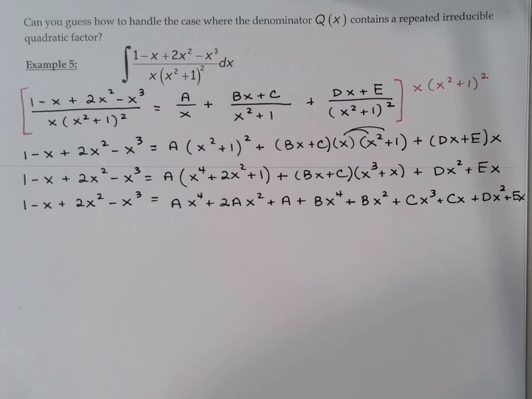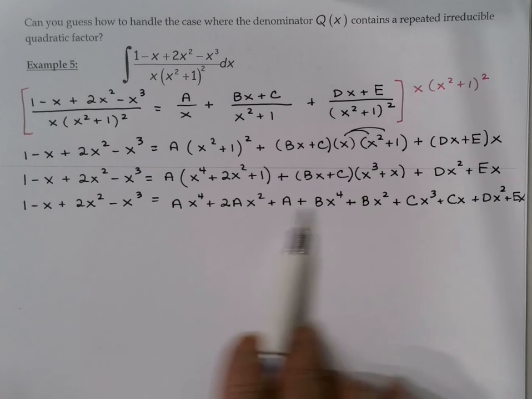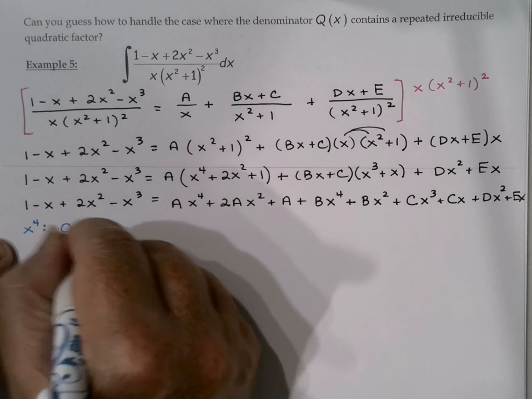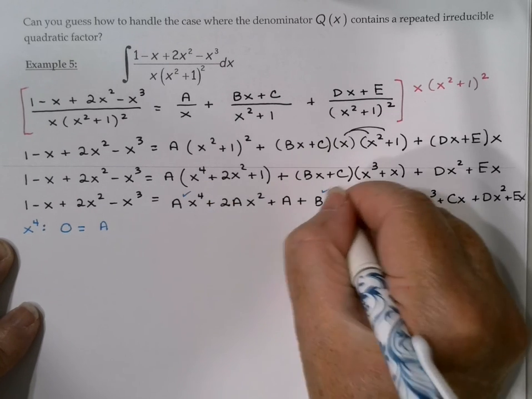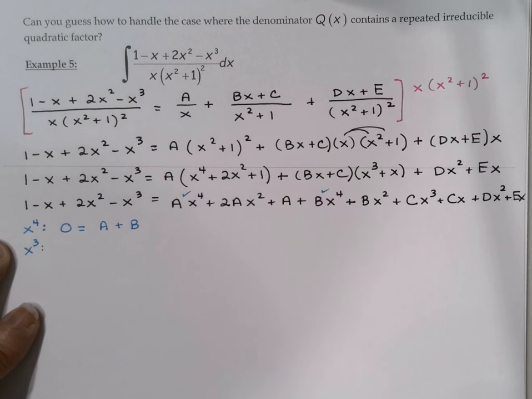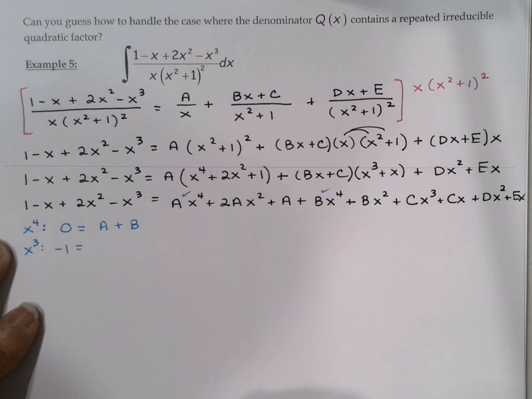Whew. All right, we're ready to set up our systems of equations. Notice that we've actually gone all the way out to the 4th power out here. And so even though there's no x to the 4ths over here, because there are over here, I'm going to have to start with x to the 4ths. 0 on the left-hand side. Got A plus B. X cubed, got -1 over here. And I think just C on the right-hand side.